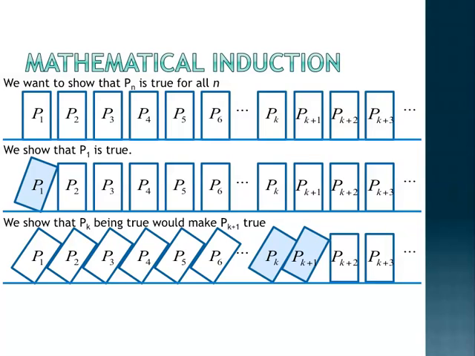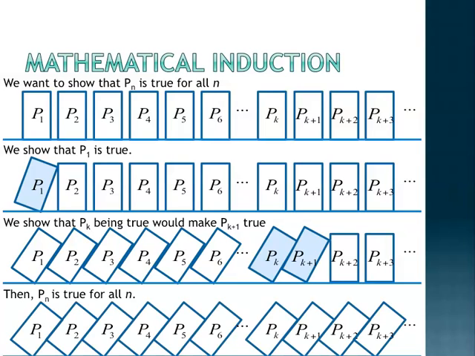Now, if you can show that the first statement is true, and you can show that any domino will topple over the domino after it, then what ends up happening? Well, if you can show both of those, then you know that P sub n is true for all n, because, well, then P1 is true, and if P1 is true, and we know that no matter where you are in the sequence, if something is true, it will topple over the next one, then P2 must be true.